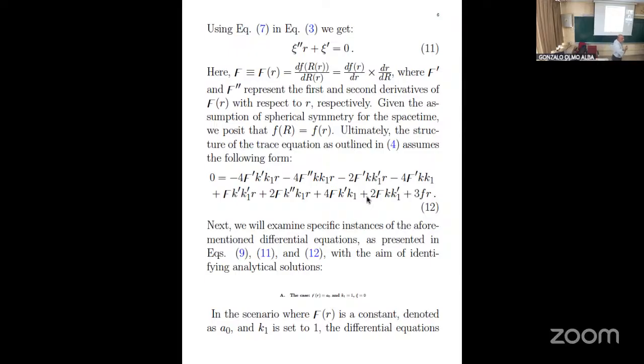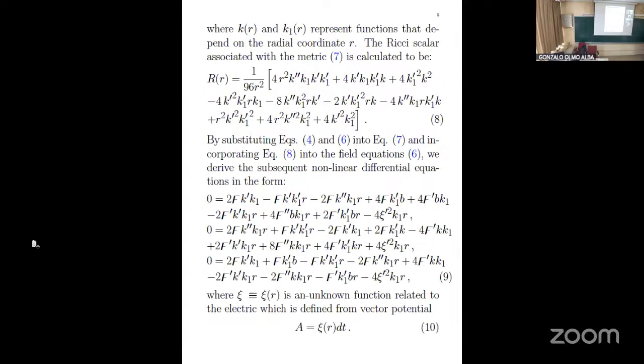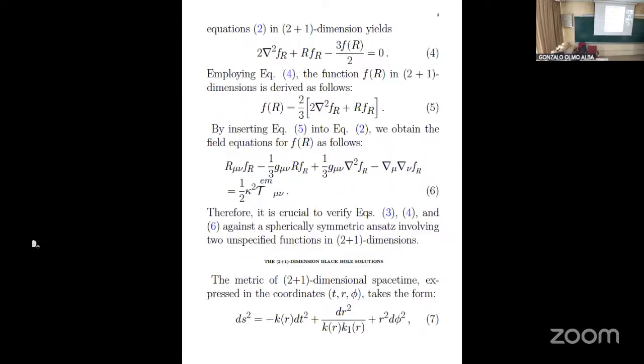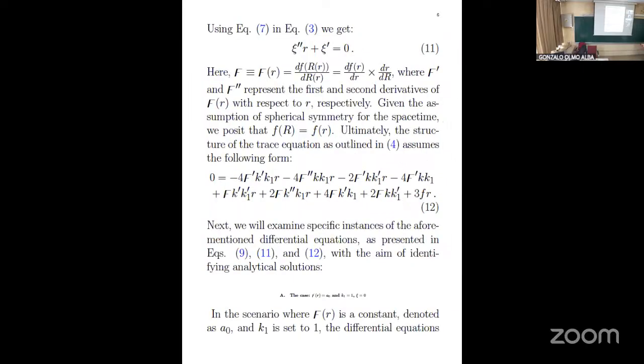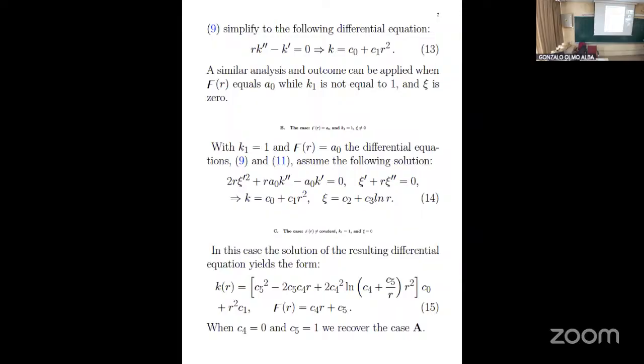So if we return to our field equation, from here, if I take k1 equal to 1, and f equal to constant, and xi equal to 0, in that case the system will be solved analytically.